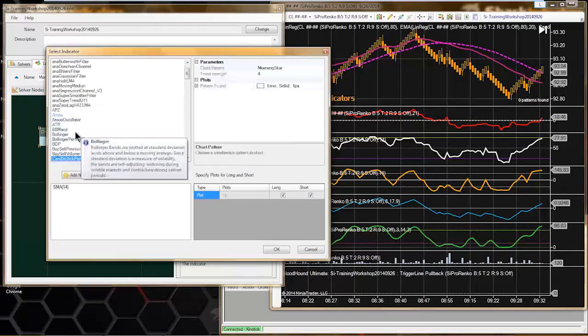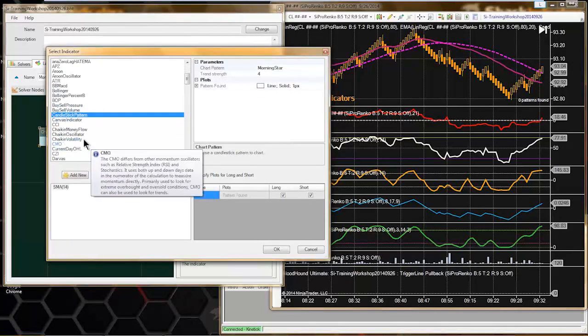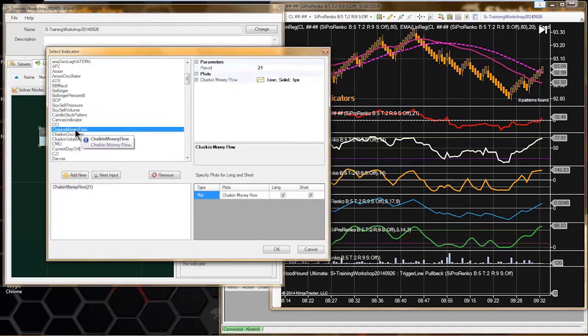And so let's change the indicator over to the money flow, and we are using the 21 period, so we don't have to change anything there. Don't have to change the period, and there's only one plot, so we don't have to change the plot.